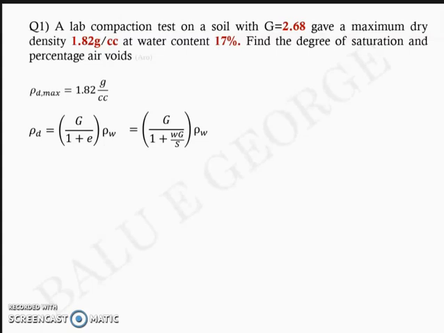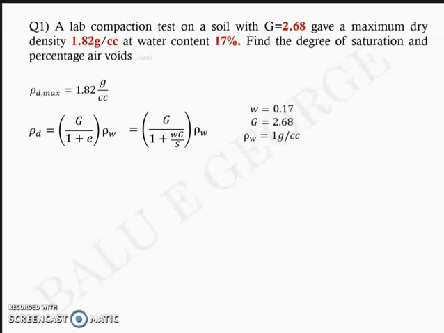Where w is the water content, G is the specific gravity of the solid soils, S is the degree of saturation. Now, once we have reformatted to this formula, G by 1 plus wG by S into rho w, we know a few terms which are already given in the question. You know specific gravity G, you know water content, and you know rho w.